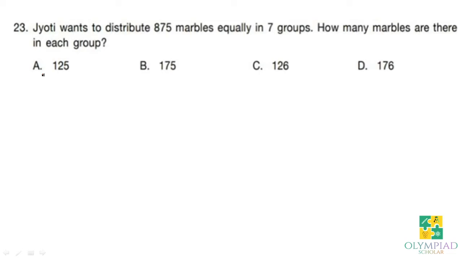Jyoti wants to distribute 875 marbles equally in 7 groups. So that means this number of marbles has to be distributed in 7 groups. So definitely you have to do a division over here. Similarly, I'll divide it again so that you can practice this.